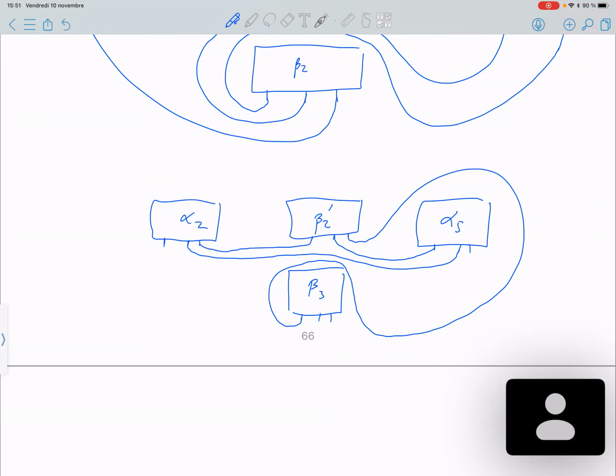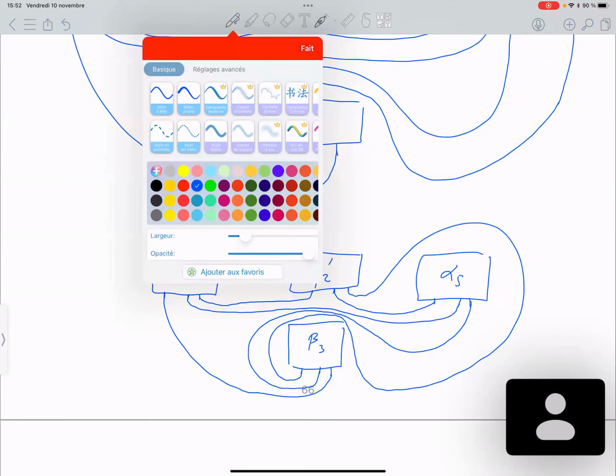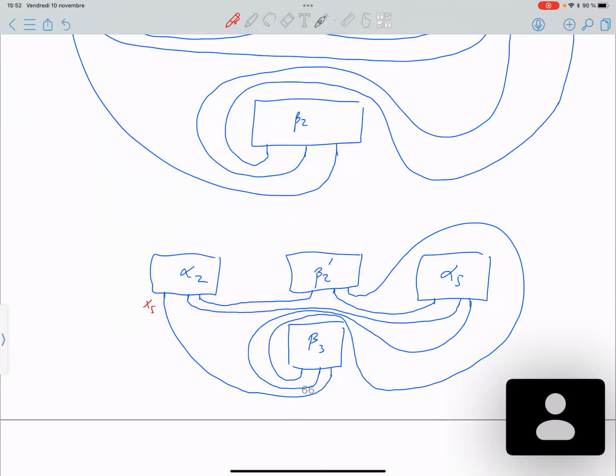This one. And finally, this one. So now the picture is not nice, but it's okay, the same as before. X5, X7, X2.